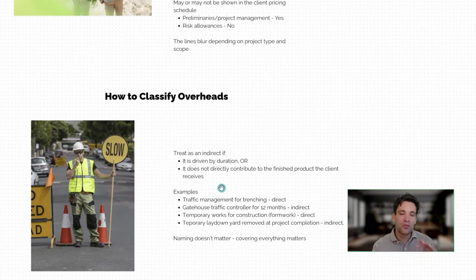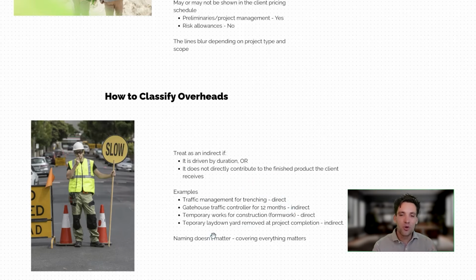I like the rule of classifying something as an indirect cost if it is driven by the project duration or some other variable like total labor hours or total subcontract costs. On top of that, I would also classify something as an indirect cost if it doesn't directly map to a specific component of the finished product. Let me give you some examples to clarify this.